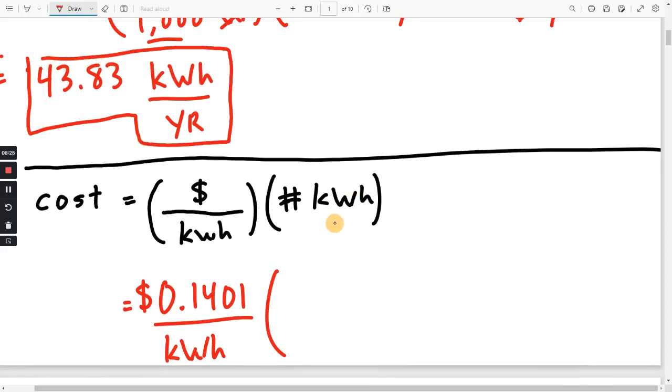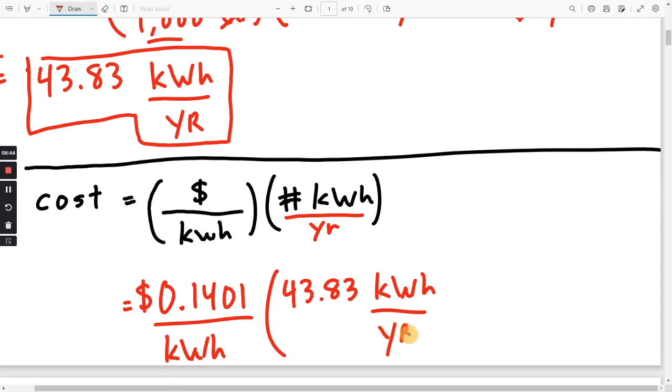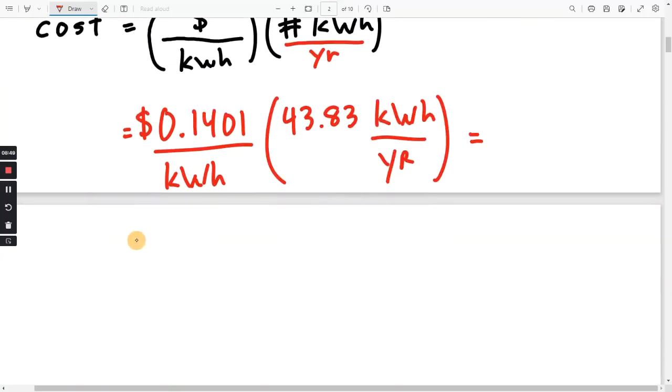I should have written per year right here. So 43.83 kilowatt hours per year. Canceling units, once again, numerator and denominator, we have kilowatt hours, and we're left with dollars per year, and that's what we want. We have nothing in the denominator except for units.